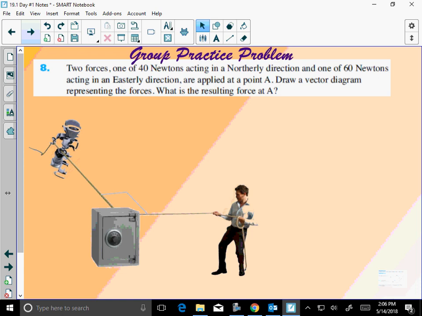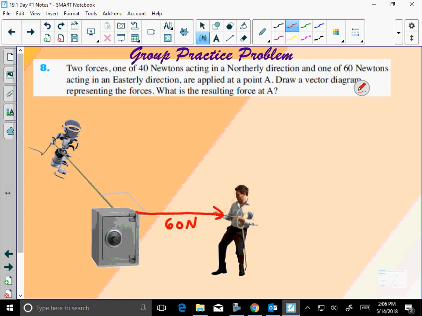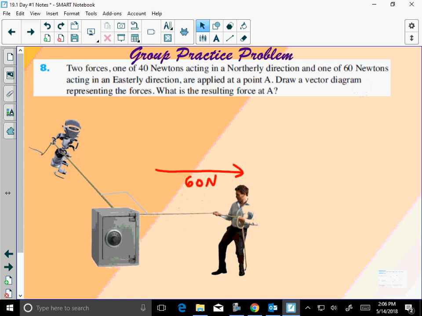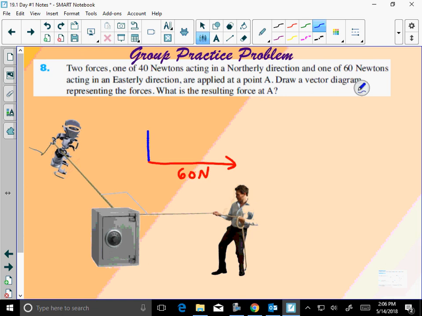You with me? Let's say Marky Mark here is pulling this direction at 60 newtons, and creepy robot is pulling straight north at 40 newtons.